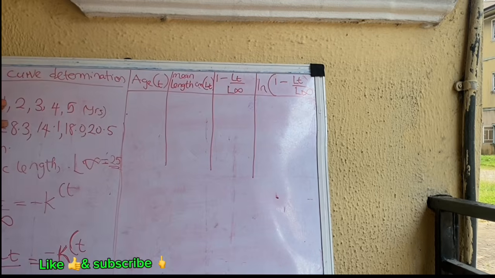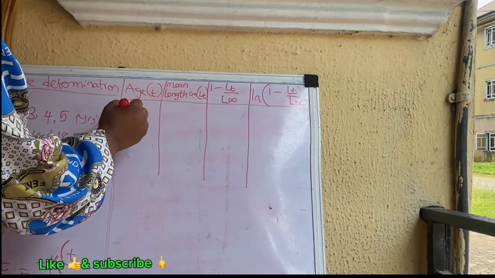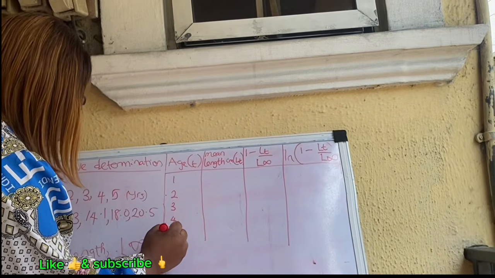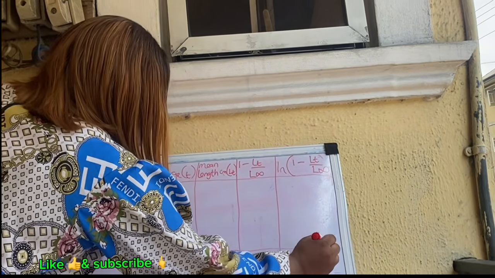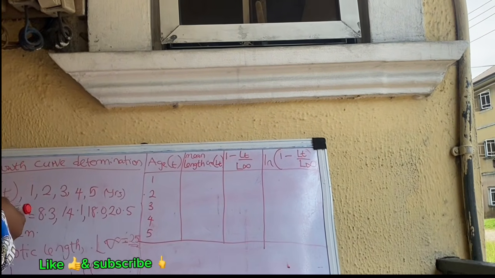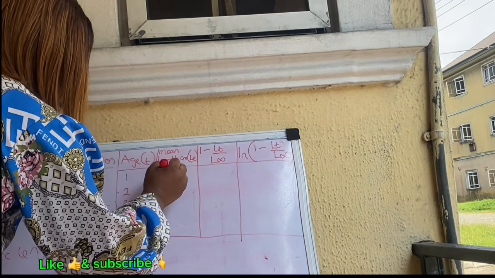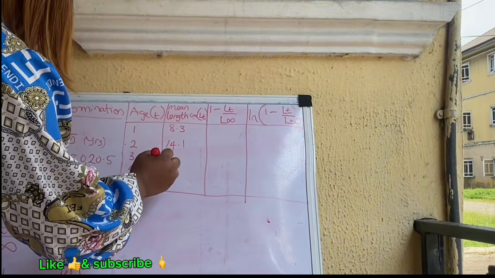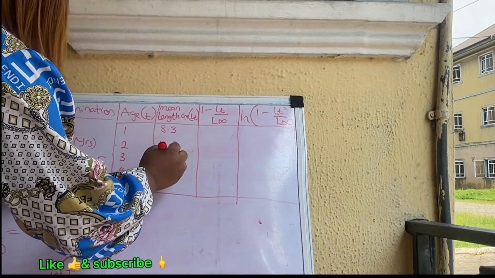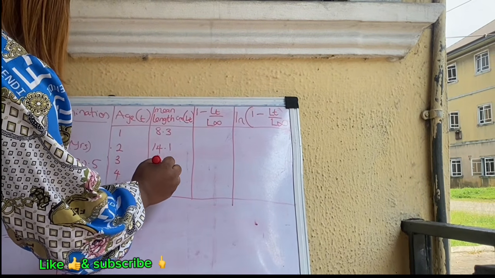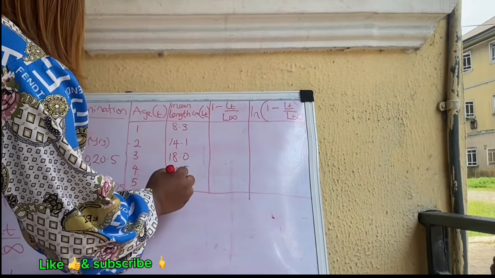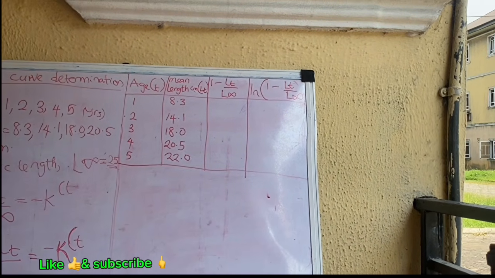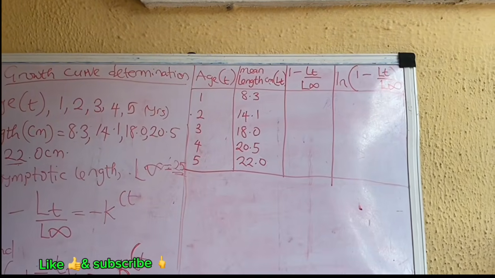In the ages, we have 1, 2, 3, 4, 5. Now the mean lengths are 8.3, then 14.1, then 18.0, then 20.5, then 22.0.